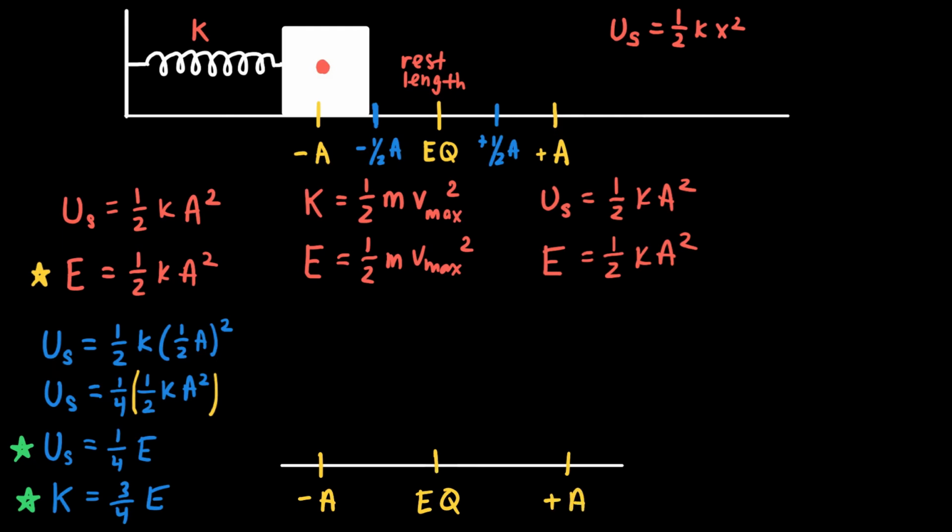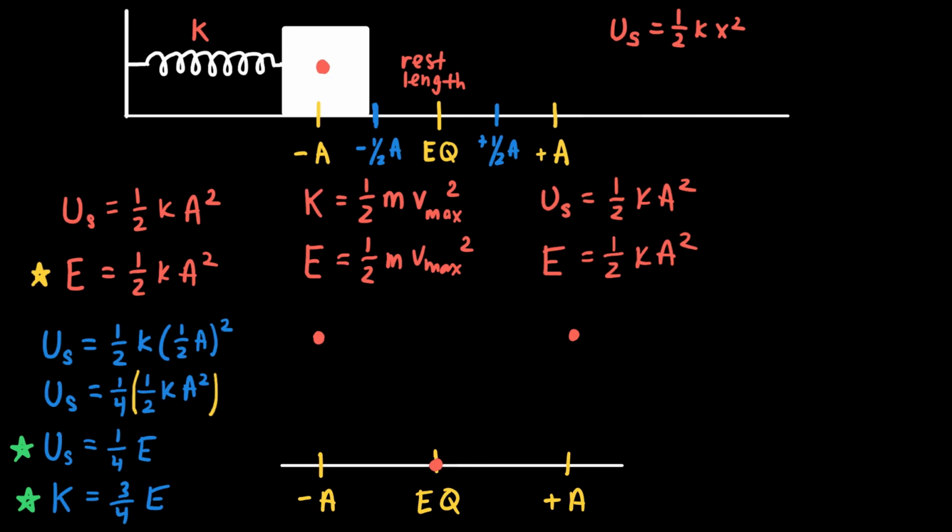So I know, for example, that at the negative amplitude, all of the energy is elastic potential energy. At the positive amplitude, all of the energy is elastic potential energy. And at equilibrium, the energy in the spring is 0.